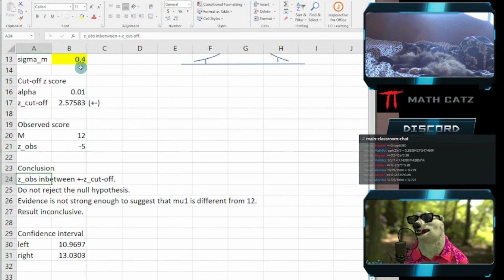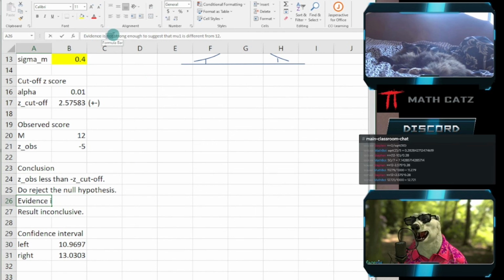So we can update this and say the z observed is less than the negative z cutoff. That is extreme, and we do reject the null hypothesis.